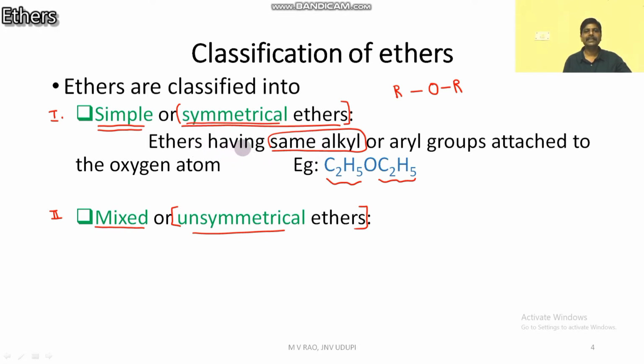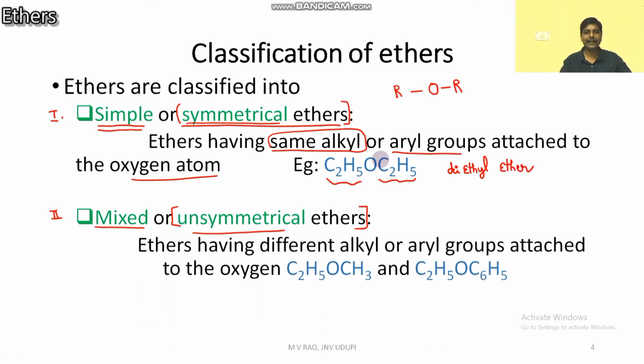So ethers having same alkyl group or aryl groups attached to the oxygen atom. For example, this is called diethyl ether. Two alkyl groups are ethyl only.